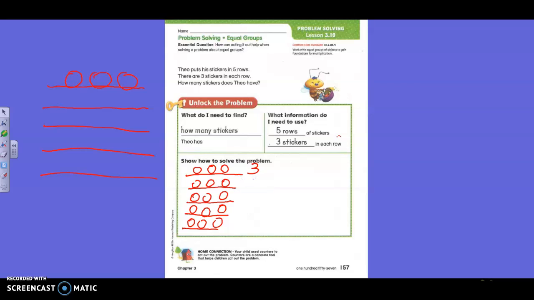What would the next number be? 6. 3 more than 6, 9. 3, 6, 9, 12, 15. Okay, so how many stickers does Theo have? 15 stickers.